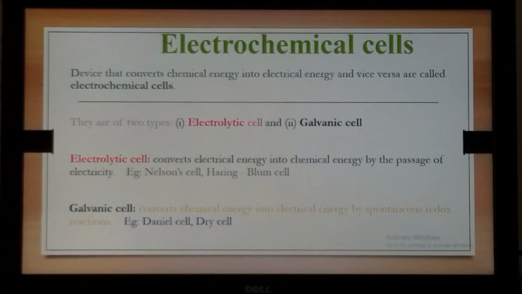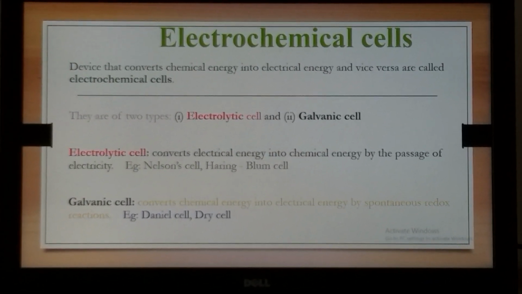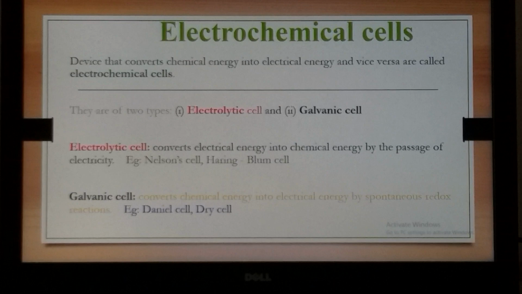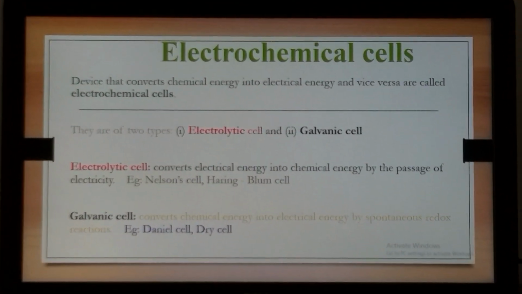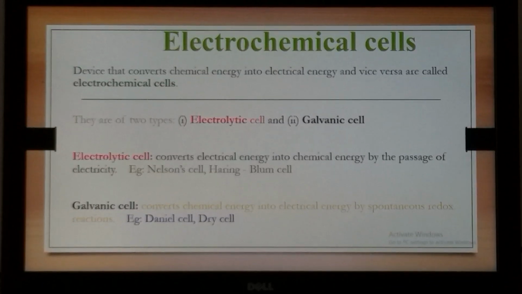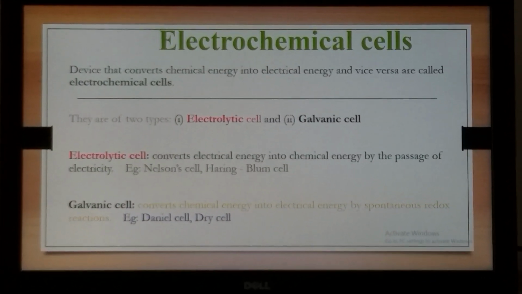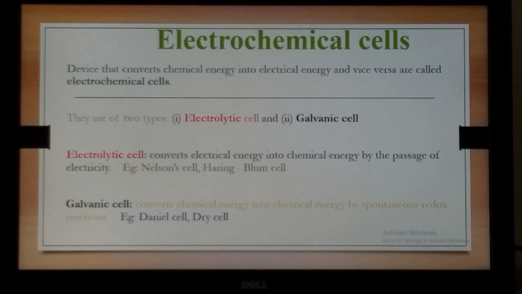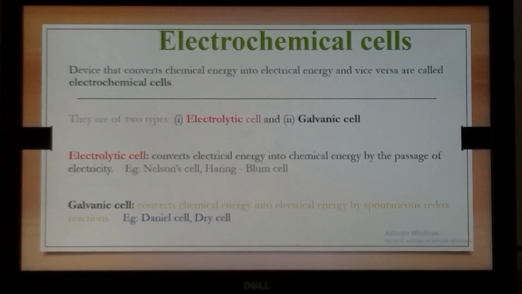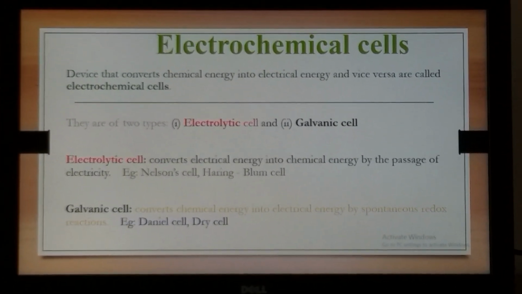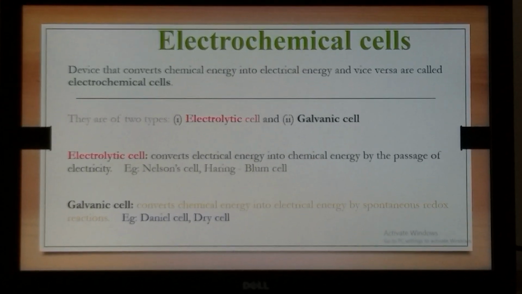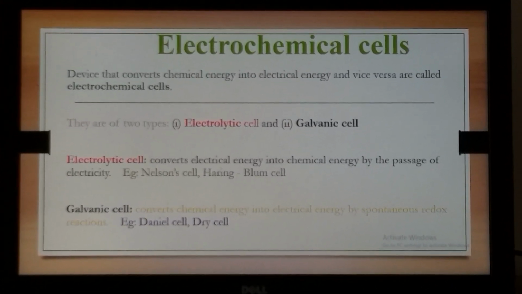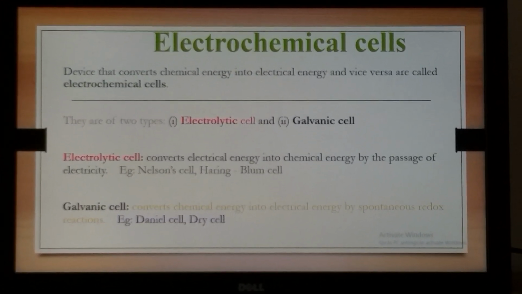Now let us discuss the electrochemical cells. The electrochemical cells are the devices in which the conversion of chemical into electrical energy or vice versa is carried out. These electrochemical cells are of two types, electrolytic cell and galvanic cell. The electrolytic cell is a device that converts electrical energy into chemical energy by the passage of electricity.